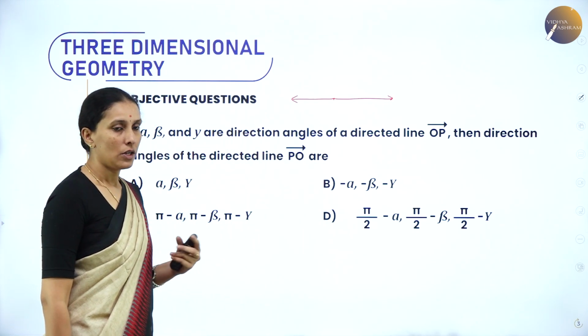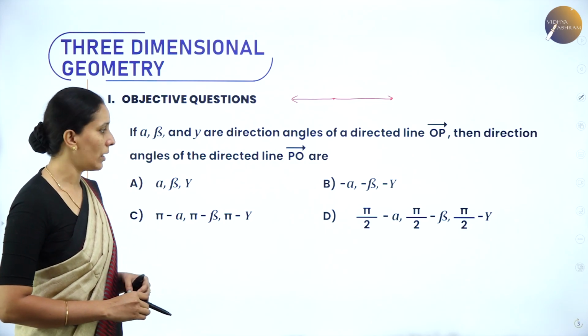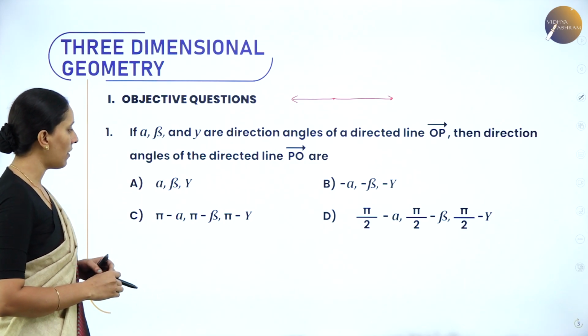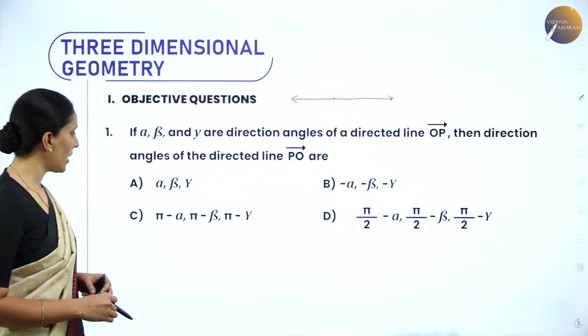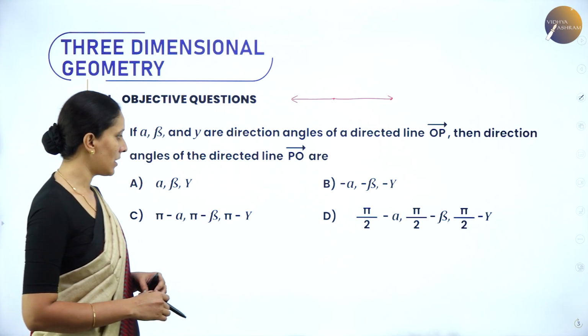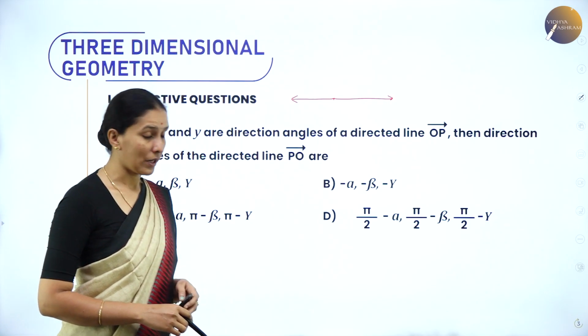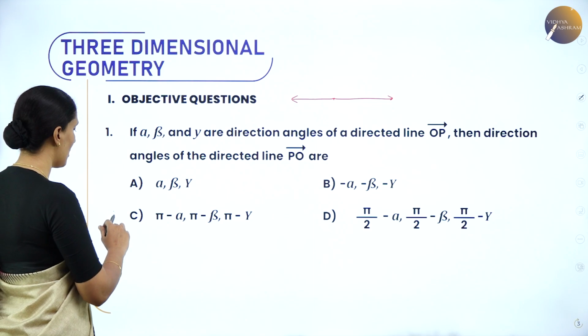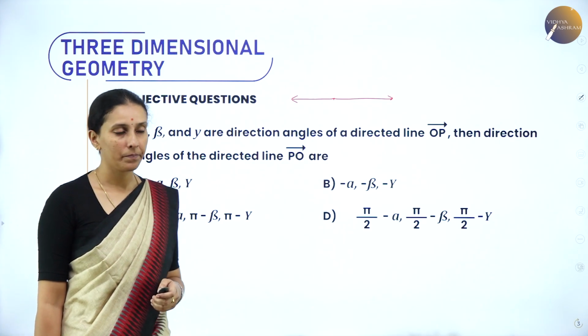So we take the supplementary angles. Here we have the options alpha, beta, gamma; minus alpha, minus beta, minus gamma; pi minus alpha, pi minus beta, pi minus gamma; and pi by 2 minus alpha, pi by 2 minus beta, pi by 2 minus gamma. So the correct option is pi minus alpha, pi minus beta, and pi minus gamma.